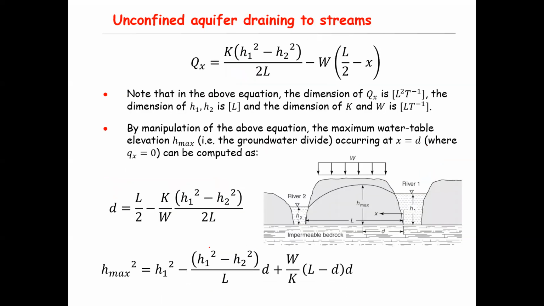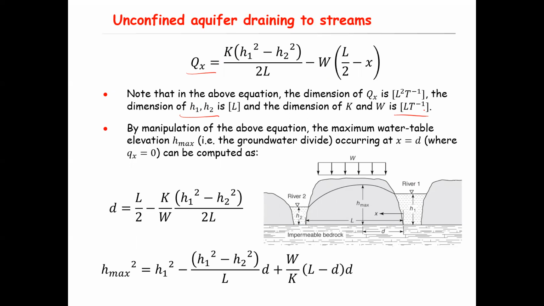I just wanted to emphasize once again that in this equation Qx has the unit of L squared per time, H1 and H2 have the unit of length, and K and W have the unit of length per time.